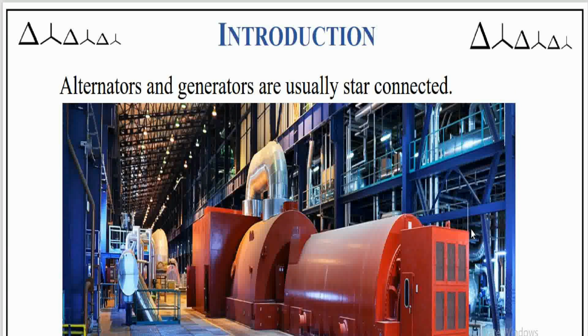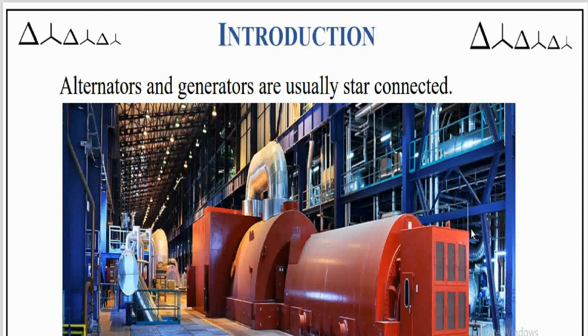Alternators and generators are usually connected in star. Alternators and generators convert mechanical energy into electrical energy. The main difference between alternators and generators is, for alternators the output is AC only, but for the generator we may get AC or DC.